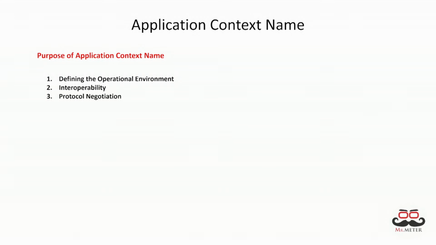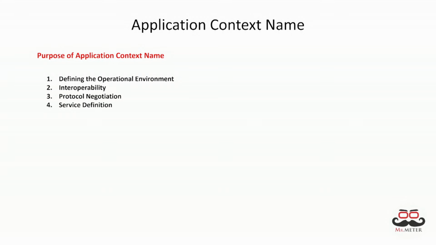Protocol negotiation. The application context name helps in negotiating the use of specific methods, protocols or services. If the server cannot support the requested context, it may reject the association or suggest an alternative context.